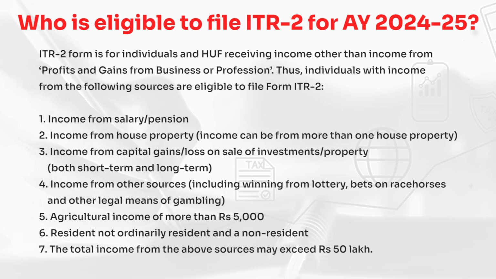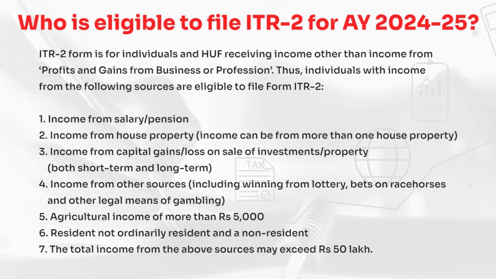Income from other sources, and capital gain through the sale of any immovable property or security, shares, mutual funds, should also use ITR 2. If you are a director in a company, then ITR 2 is applicable to you.